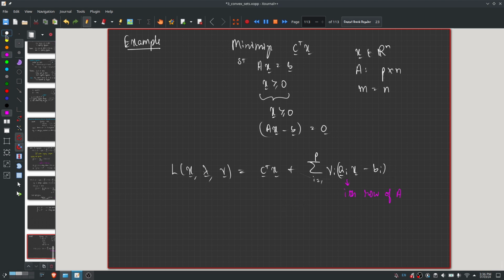Okay, so this plus summation i equal to 1 to n of lambda i times minus x_i, since x_i should be greater than or equal to 0.